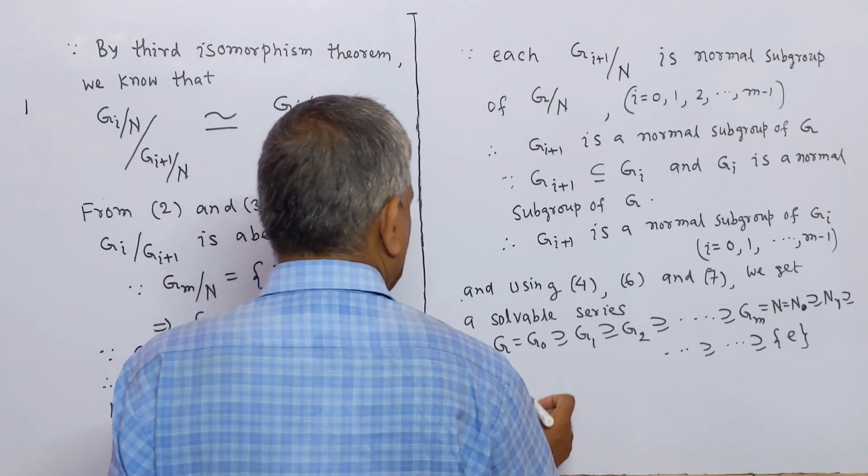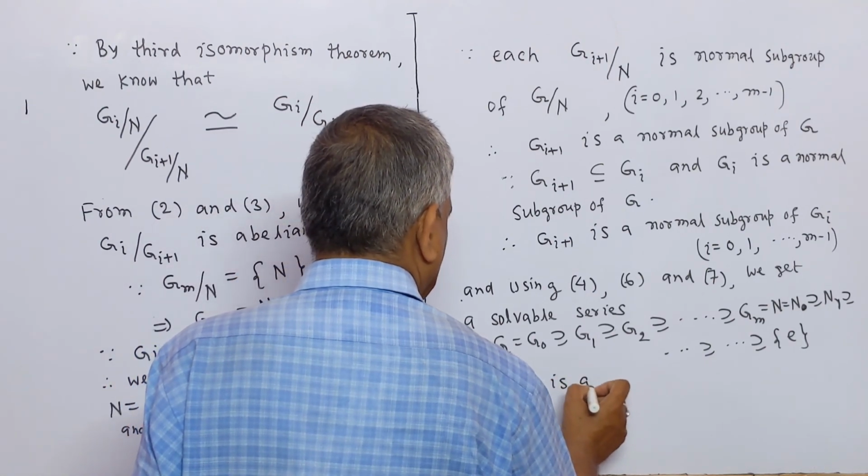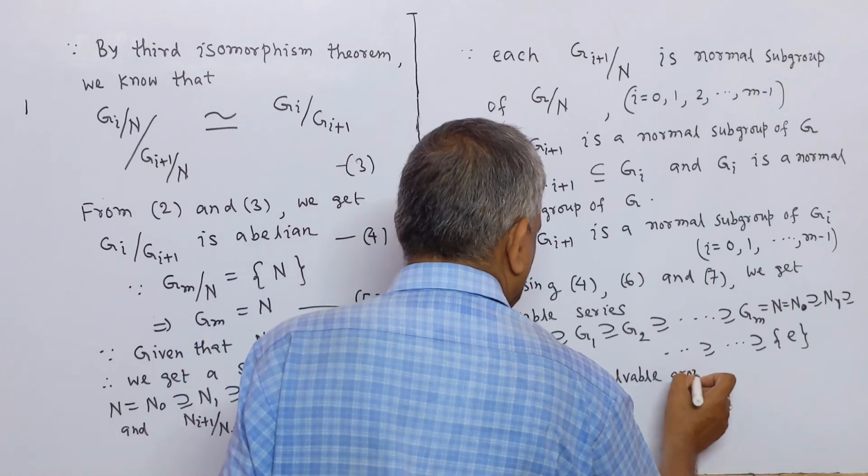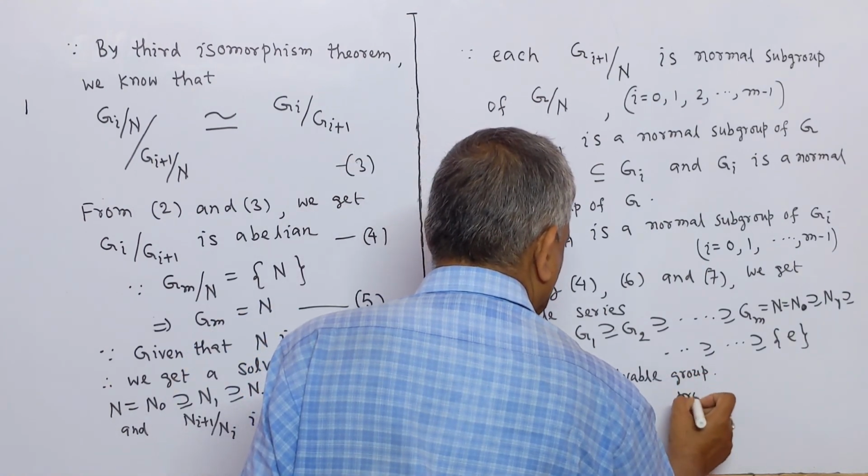Therefore G is a solvable group. Proved.